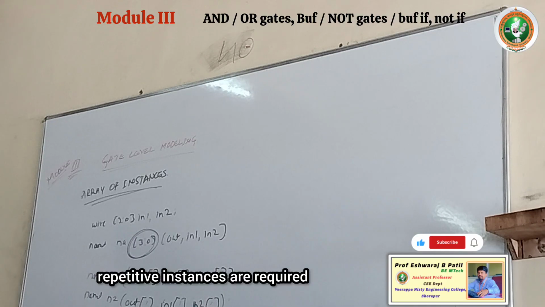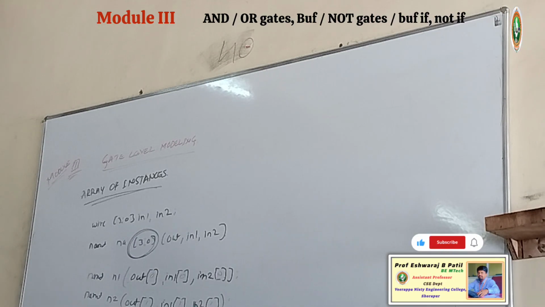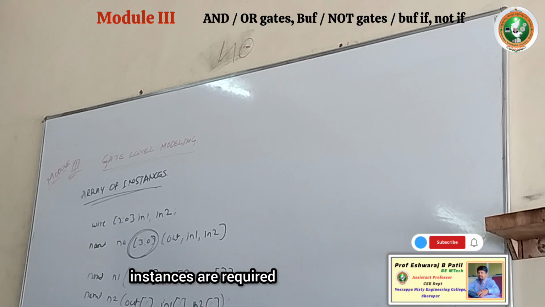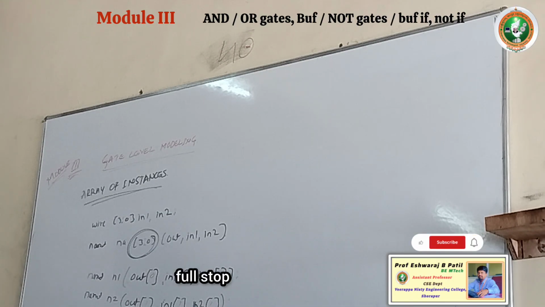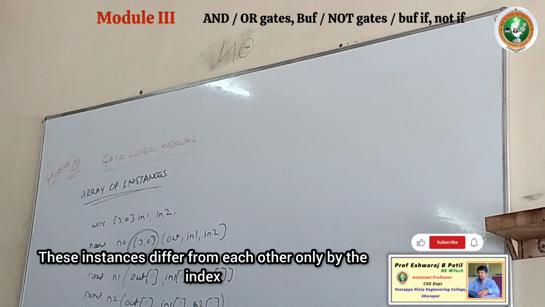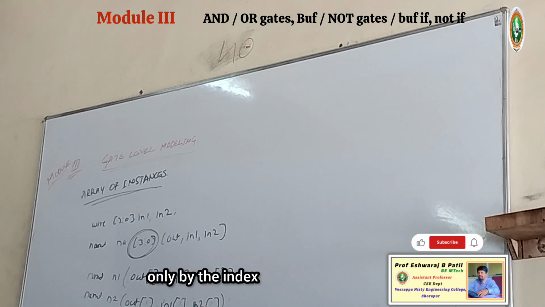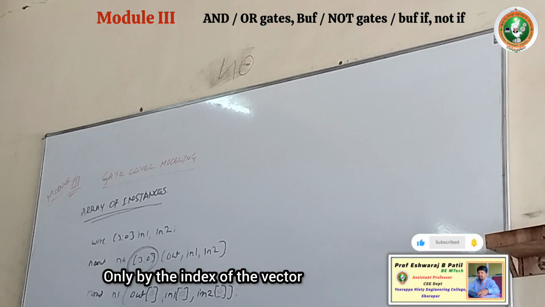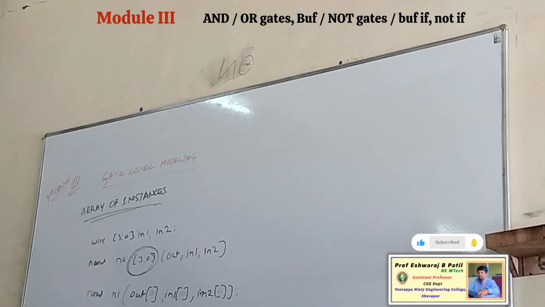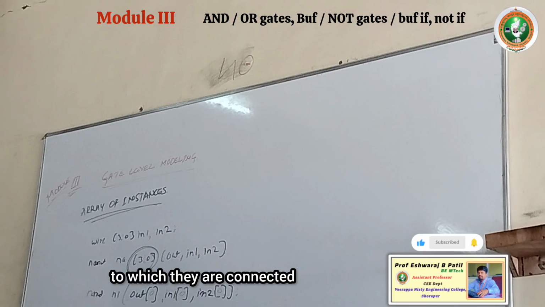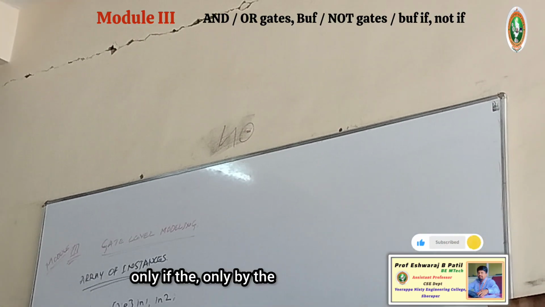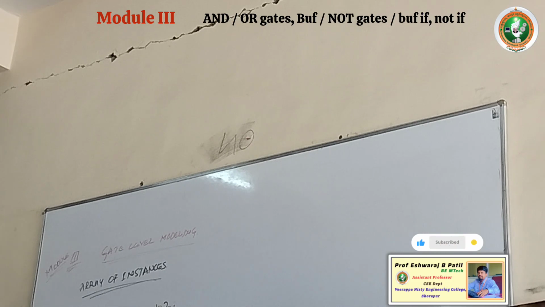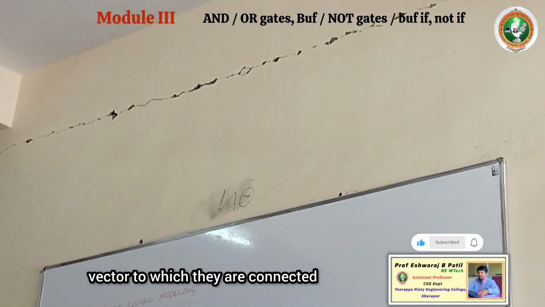These instances differ from each other only by the index of the vector to which they are connected.